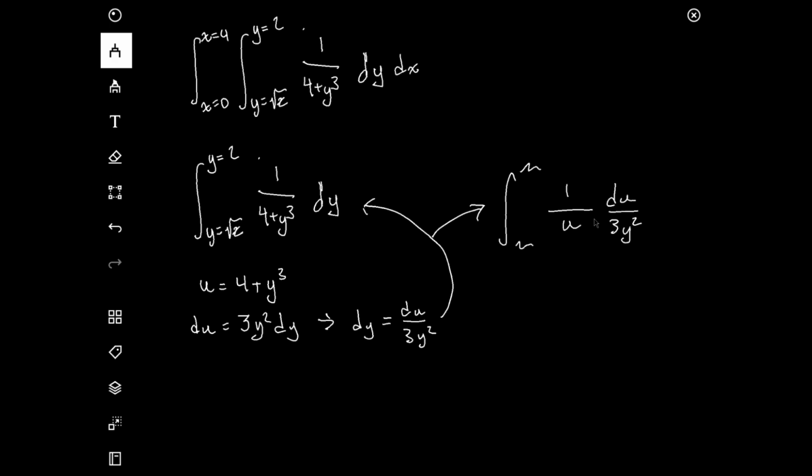Now, this isn't going to work. The reason being is we still have a y left over down here. You could find the integral of this, but it would take a long time. There's actually an easier way to go about it.